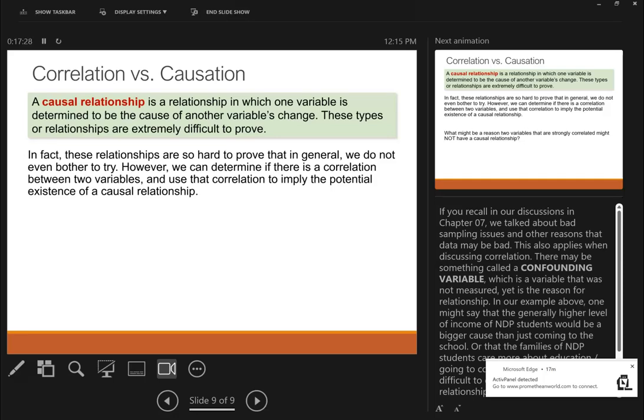By that I mean like, I believe that this drug that we're testing is causing this illness to get better.